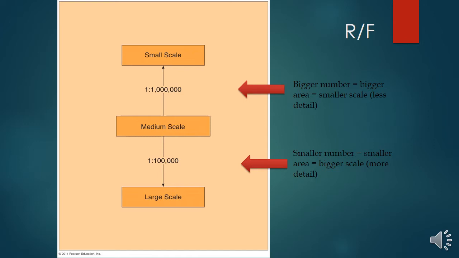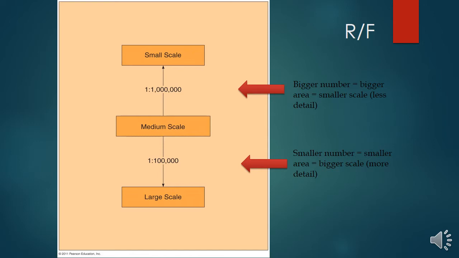Generally, the bigger the number that's used in that representative fraction, it's going to refer to a much bigger area of the Earth that's being represented. In that case, you would say that the map you're looking at is a small scale representation of the Earth, right? It's going to have a lot less detail, but it's going to show this much bigger area, right? You've reduced a much larger area to this small version of itself on a map.